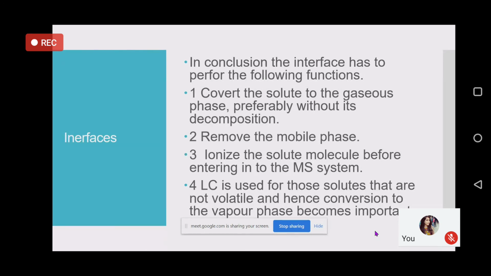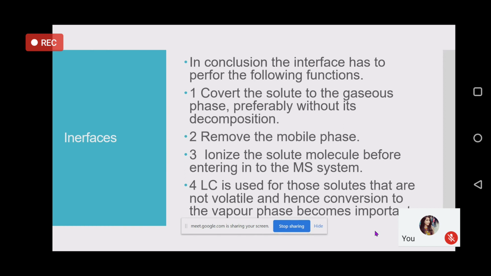And you will find that most of the interfaces used nowadays, after the development in interface technology, are able to perform the function of ionization also. So what enters the mass spectrometer is an ionized species, maybe the original molecule or its fragments, in the gaseous phase at the point of entry to the mass analyzer.